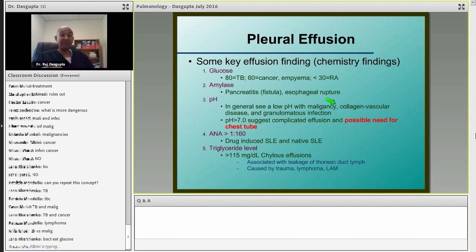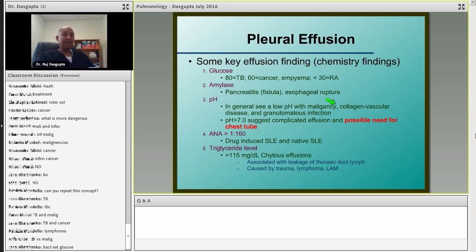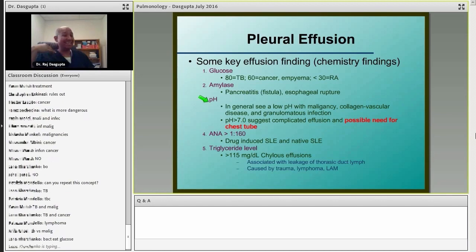It means there's something cooking in there that's sucking up all the glucose, and that's no good. And I will say this, the pleural fluid pH should be the same as our pH, around 7.4. If it's super low, that just means something nasty is going on in the pleural space. Let me just say that.